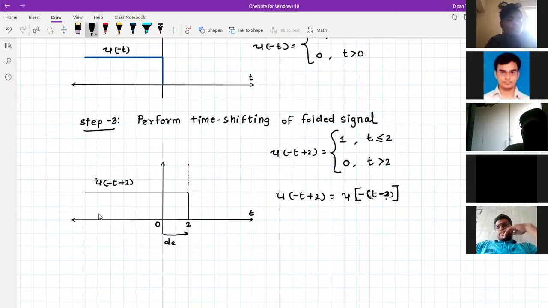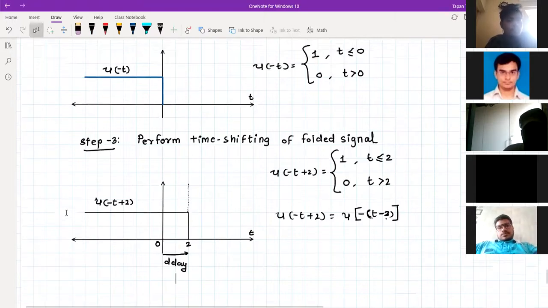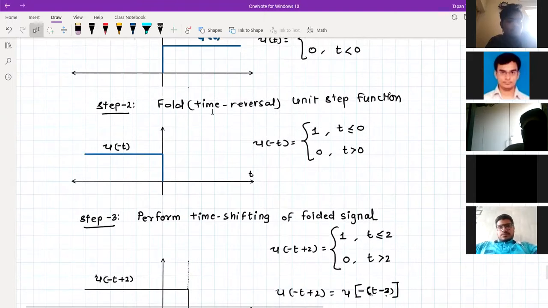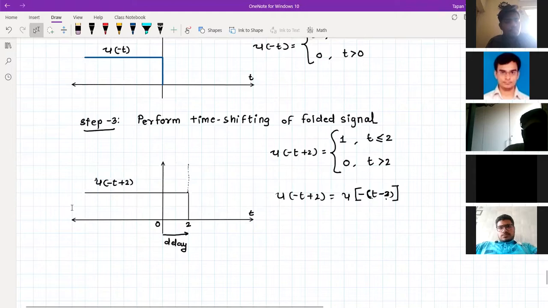So that's why I recommend that you first perform the time reversal or folding, and then you do the time shifting. The only thing is that the concept of plus and minus in case of shifted signal will change completely.